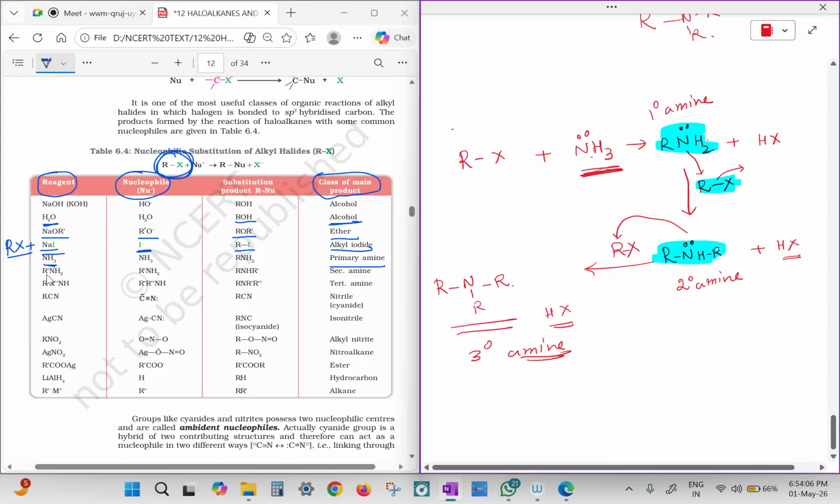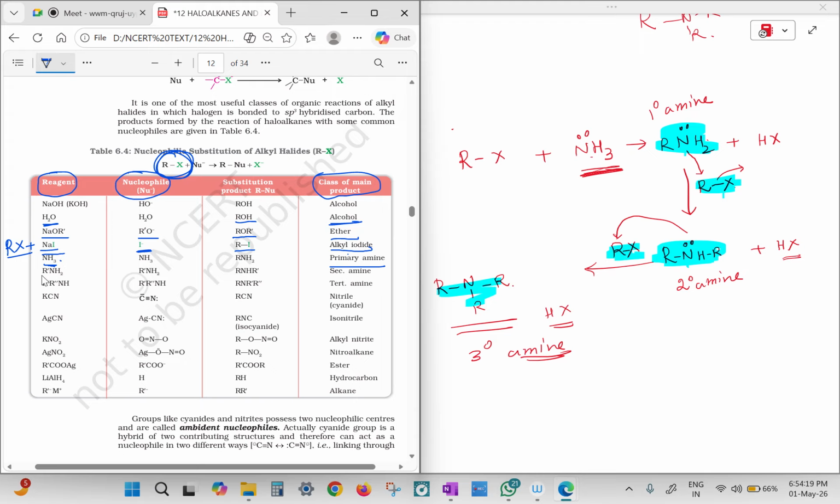So when RNH2 reacts with RX, you get secondary. When a secondary amine acts on RX, you get a tertiary amine. So those are the 3 reactions given there. With ammonia, primary amine. With primary amine, it forms a secondary amine. When secondary amine is treated with RX, it will form the tertiary amine. Is that clear?